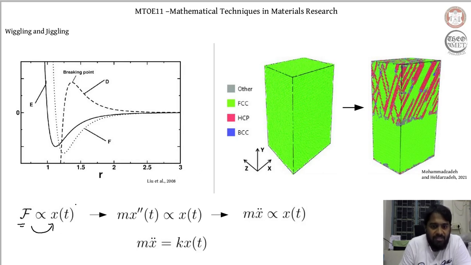Now this gives us a mathematical relation, which can be expressed as an equation of this form here. Now when we solve this equation, this second order ordinary differential equation, we end up knowing the positions of the atoms.